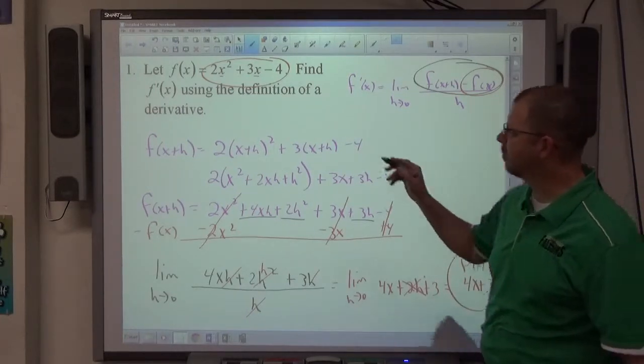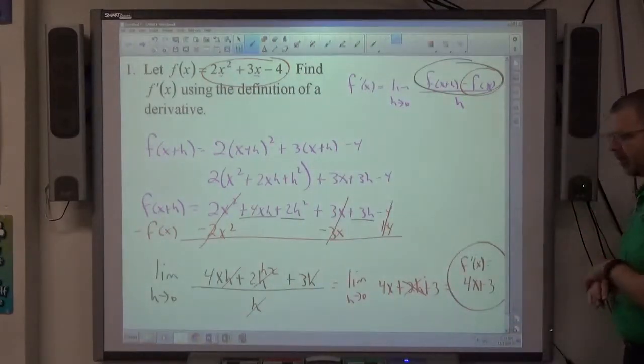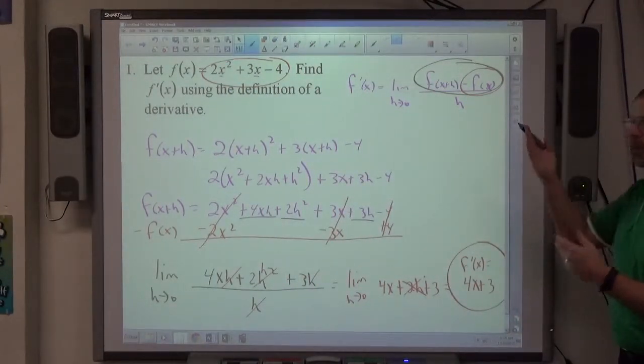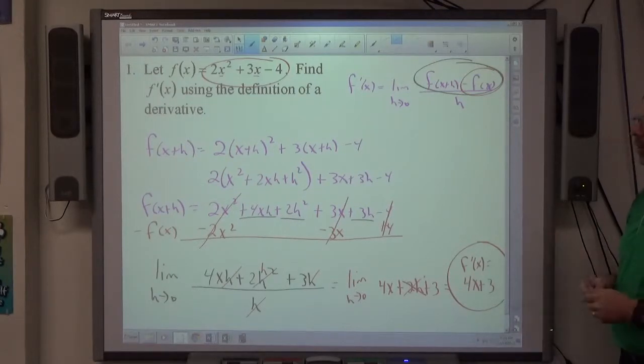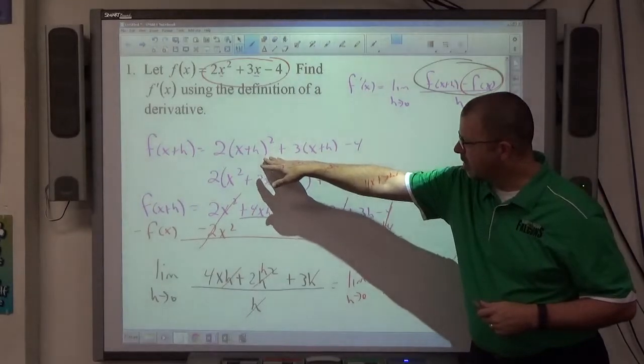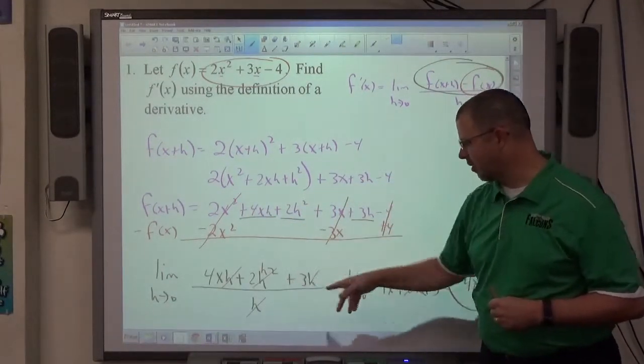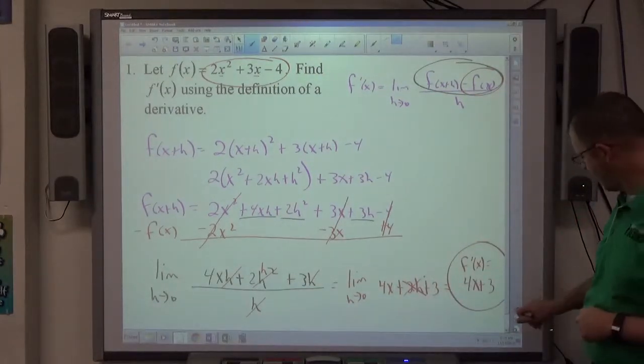And just doing basic power rule, 4x plus 3 obviously is the derivative of that, so we can verify that we did everything correctly there. It's going to be a polynomial function on the test. It'll work out similarly to that, so just practice simplifying the f of x plus h part. Again, f of x is going to subtract away, leaving a bunch of h terms. All the h's cancel, then you put 0 in.